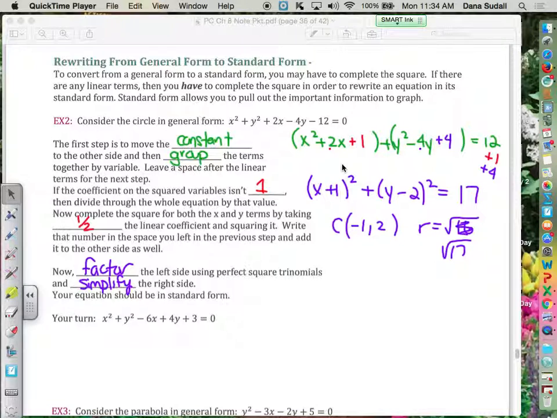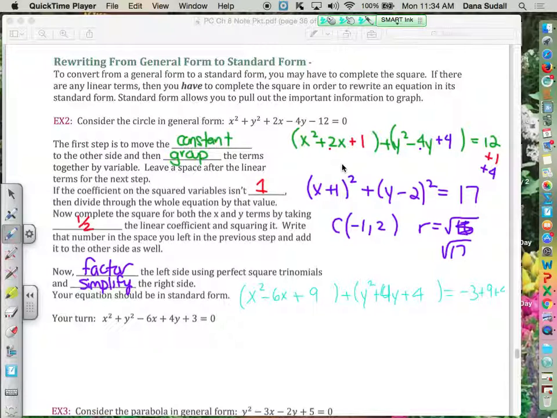So you could do this second one here the same way for practice. You can pause the video and do it yourself and then come back to it and check your answer. So x squared minus 6x, y squared plus 4y. And put the 3 on the other side. Half of 6 is 3, 3 squared is 9, so add that to both the left and the right side. Half of 4 is 2, 2 squared is 4.